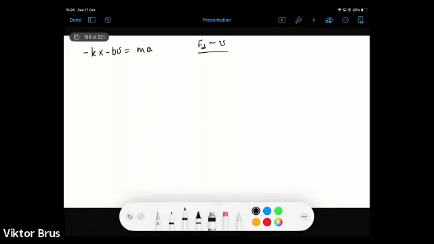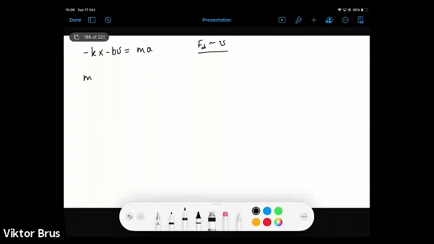So we consider this case, and we then can write the differential equation based on this relationship. We know that acceleration is second derivative of position x.